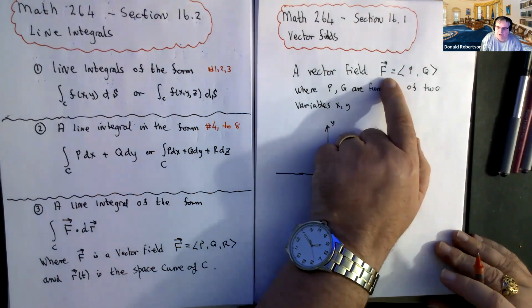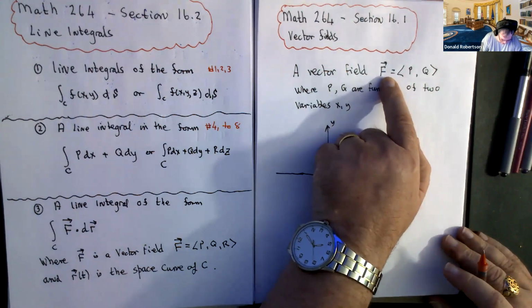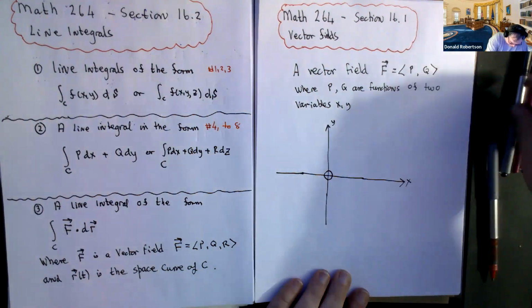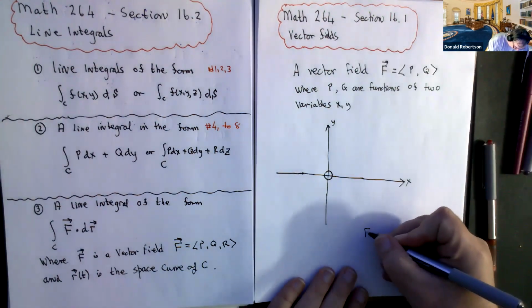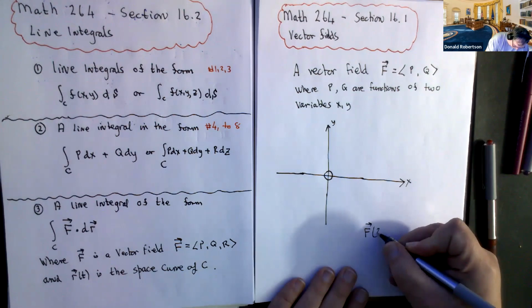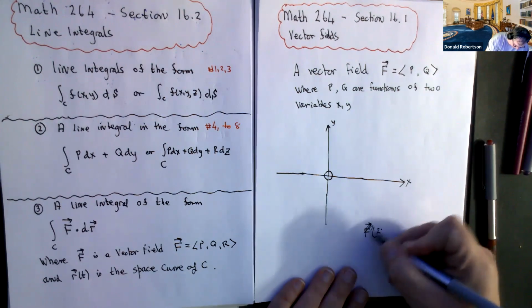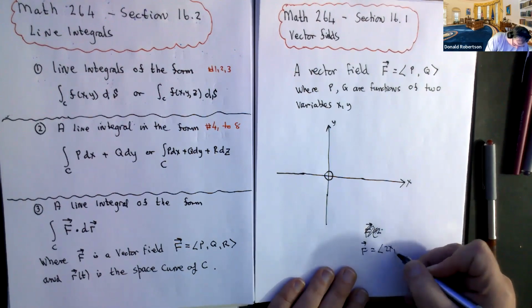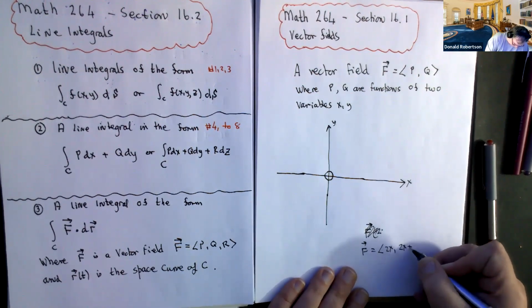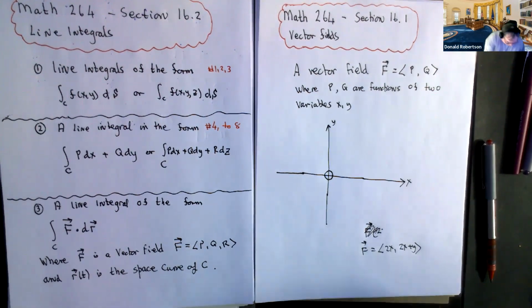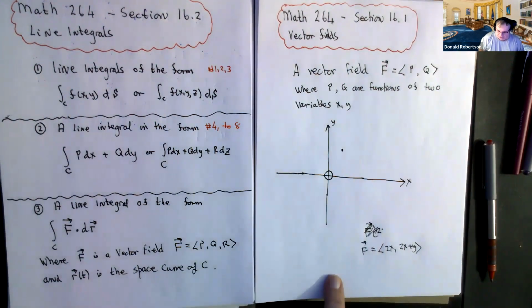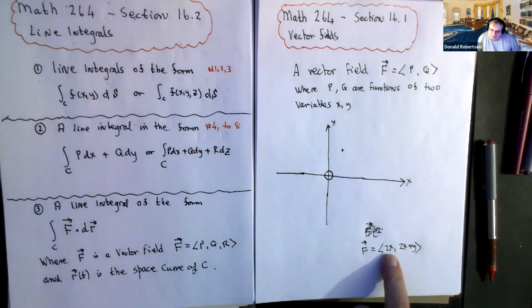A vector field is typically written like that, and it's given as a vector. So an example of a vector field could simply be this. So can you imagine at any point in XY space, there's a vector that you get by this function.